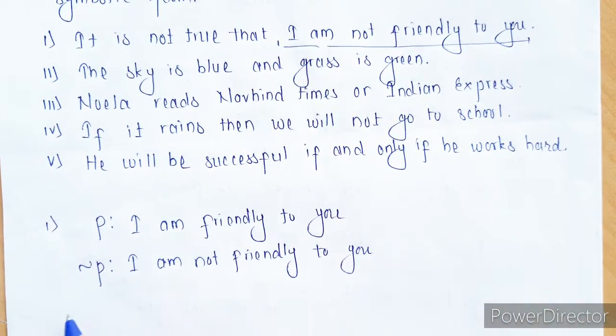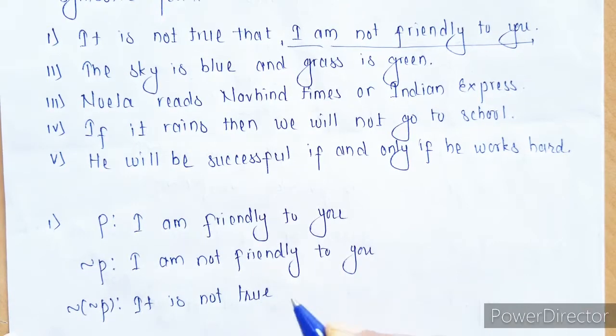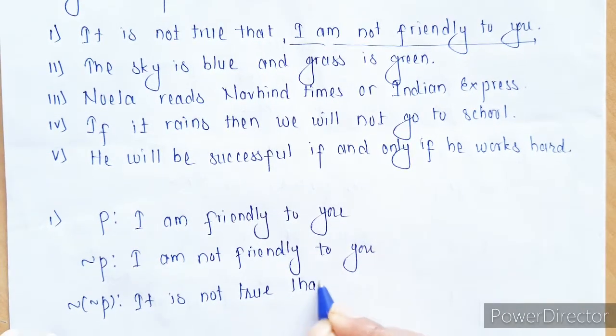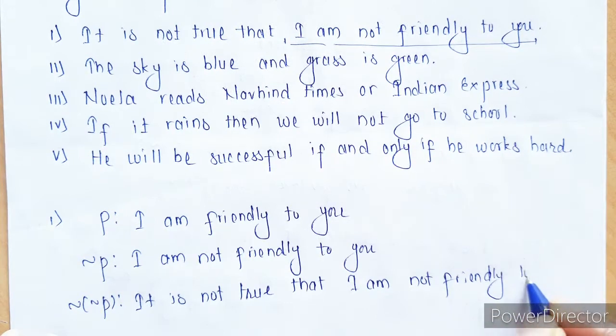So, if I take negation one more time, we can write this as it is not that I am not friendly to you, or it is not true that I am not friendly to you.